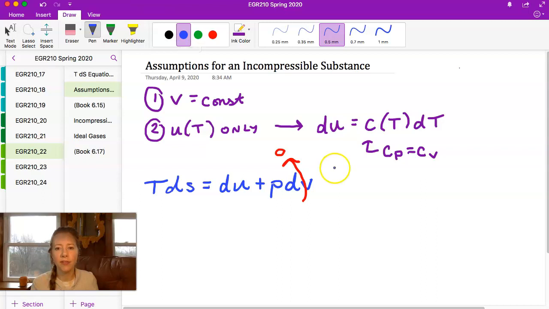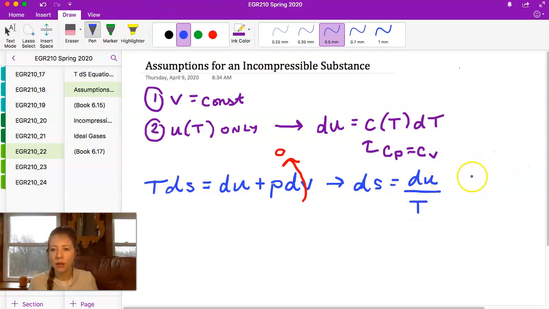So to simplify, that means that ds, the change in entropy, is going to be equal to the change in specific internal energy divided by temperature, which, as above, we said that du is equal to the specific heat capacity times the change in temperature.